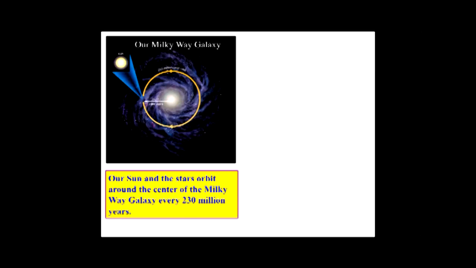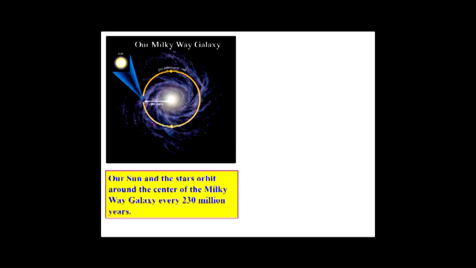Why does our sun orbit the center of our galaxy? Because our sun and the solar system are held to the rest of the galaxy by gravity. Gravity is yanking on our sun, yanking on the Earth, yanking on all the other planets, pulling our solar system around in a big arc around the galaxy.